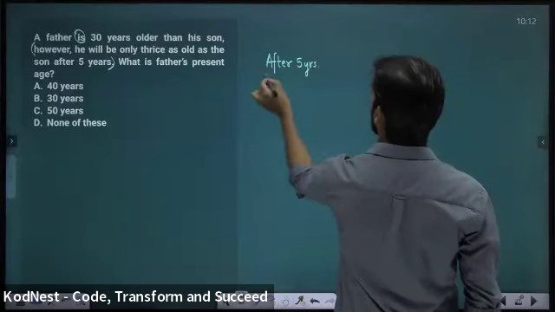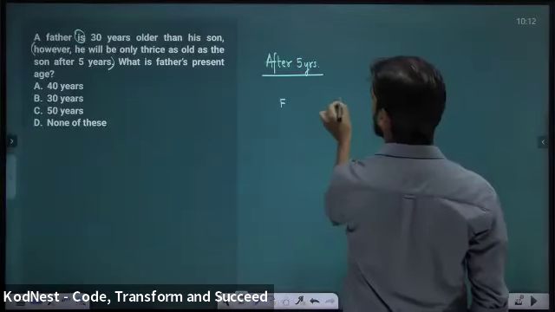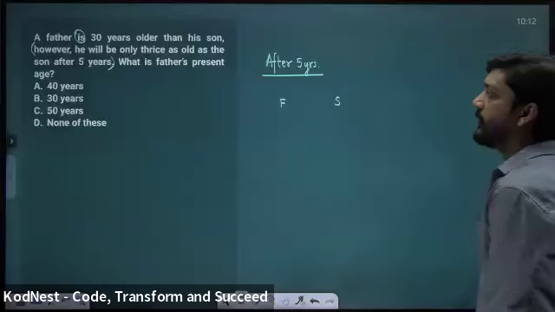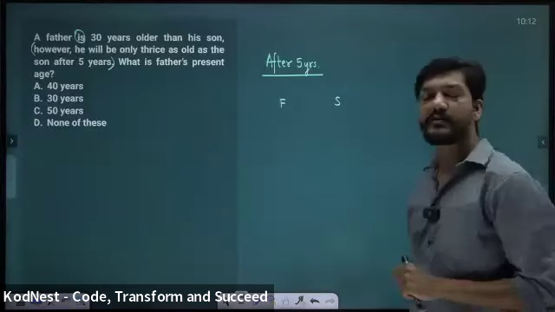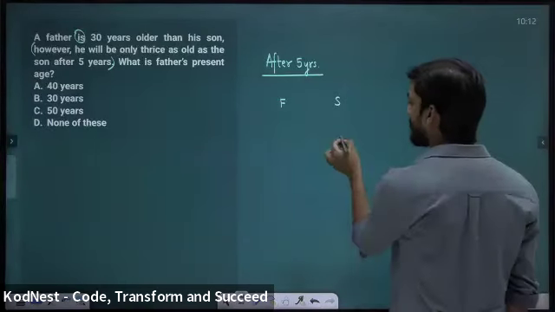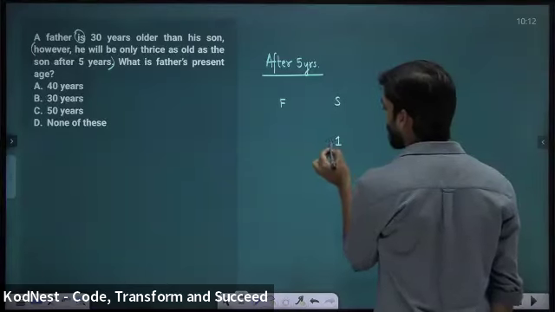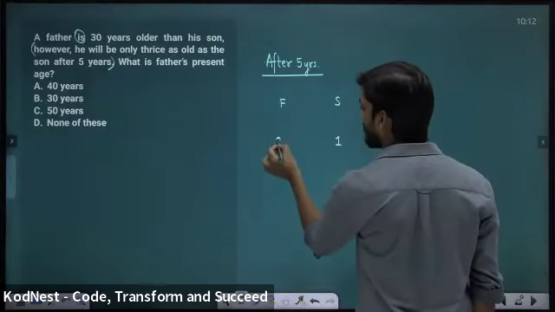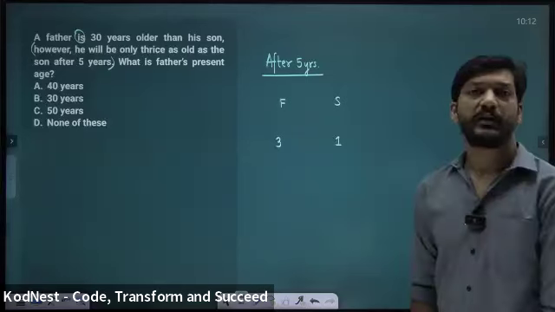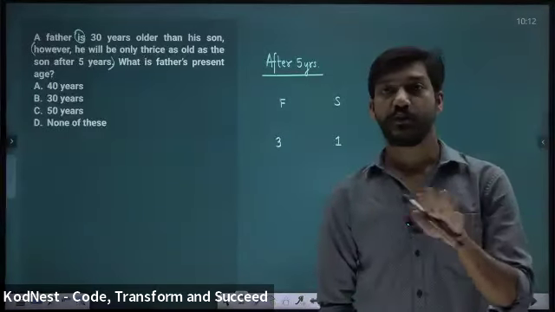After 5 years, father and son, the relation is given as thrice. So can I take the relation this way? Son is 1 year old and father is 3. Father is thrice, that's why I'm taking this.